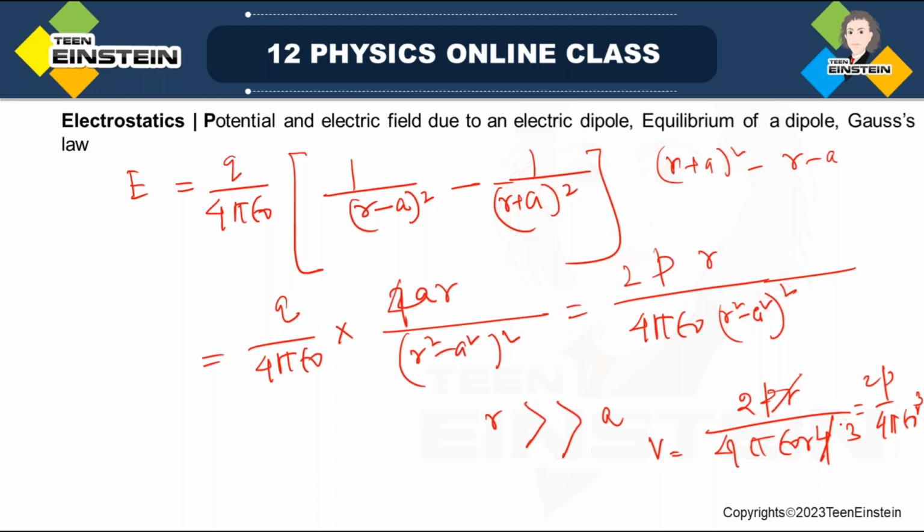So we can see that the electric field on its axis we get as 2p by 4 pi epsilon naught r cube.